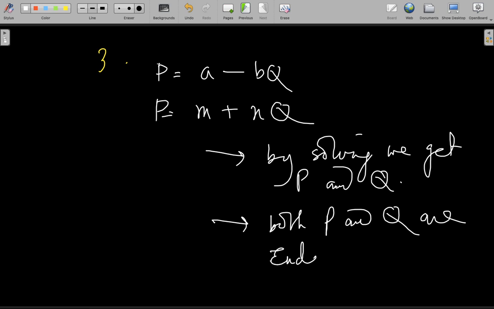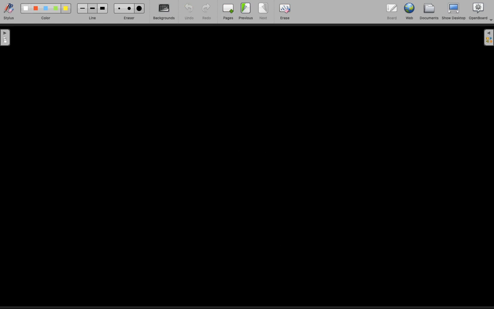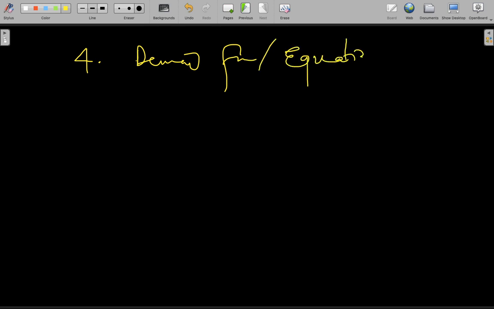Okay, now let me give you another example. Let's generalize the whole thing. Let's say we have all those factors which influence demand or supply. Let's say the demand function or equation with all those different external variables that influence demand.